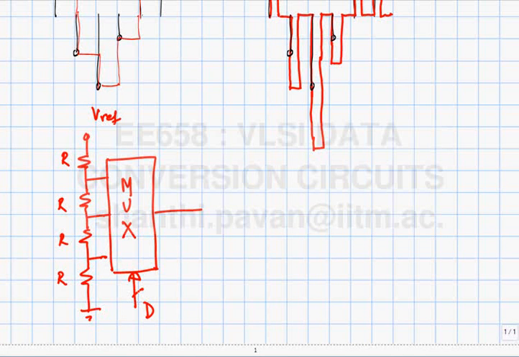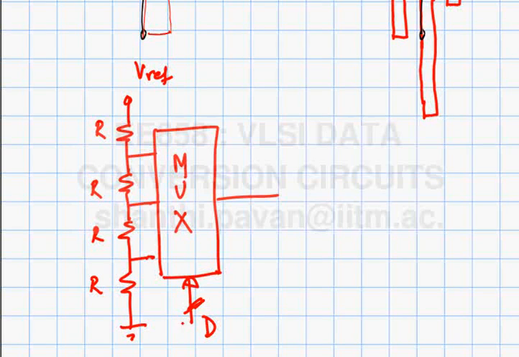Cheapest way you can think of making a DAC, right? And you can see that nothing special has to be done to realize this hold function, correct? As long as the position of these switches inside the mux is held for one complete clock period, automatically the analog output voltage will be held for a whole clock period.